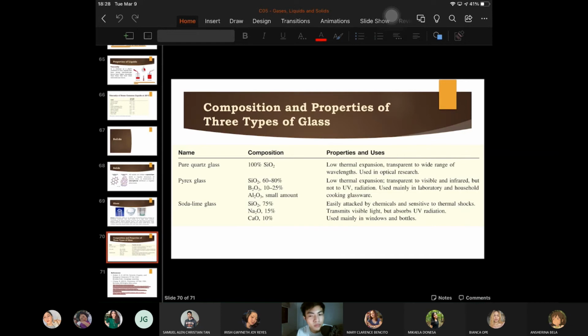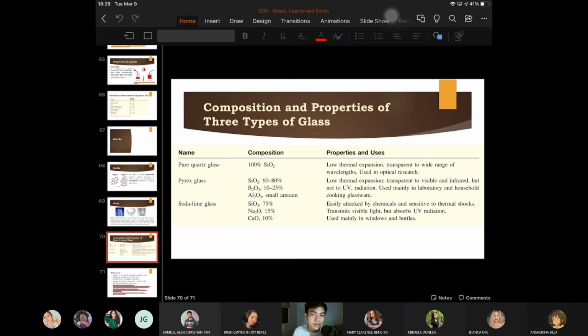And when they move apart, they transition from solid to liquid and later on to gas. Kapag binabaan mo naman yung energy, bumabagal yung particles and that causes them to come together. So from gases, magiging liquids, then later on, magiging solids. Yun yung reason bakit meron tayong iba't ibang phases of matter.